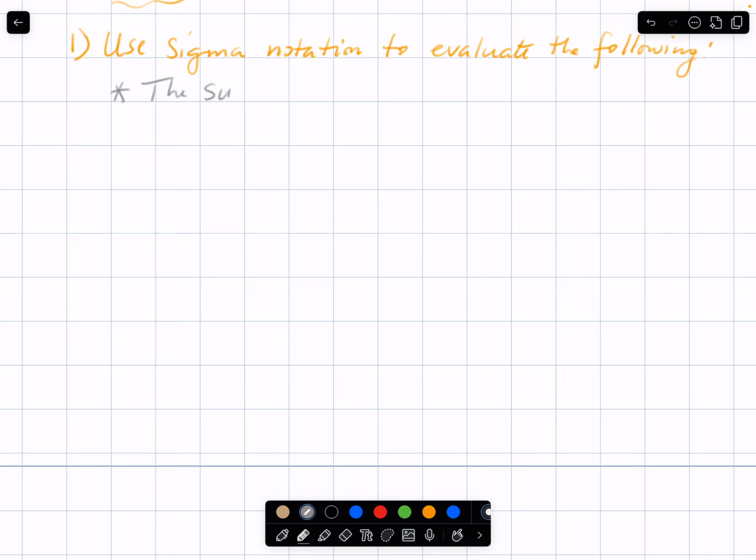The sum of terms i minus 3 squared, where i is an index. It's like a dummy variable, so you don't have to worry about it. It could be anything, and we want i to be 1, 2, and add it all the way to 200. All right.